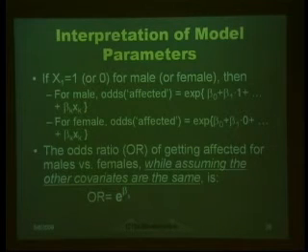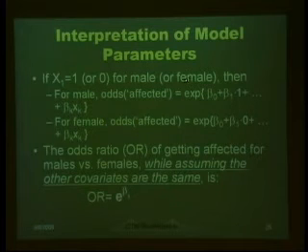And we talked about the interpretation of model parameters. But in the multiple logistic regression model case, it's a little bit more complicated than the previous one. Suppose we consider gender as a risk factor here.